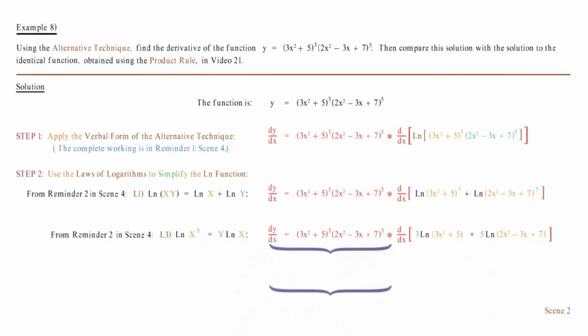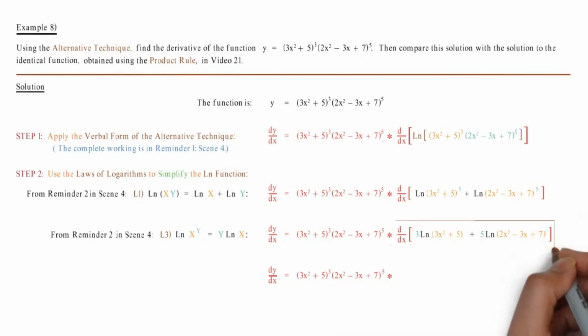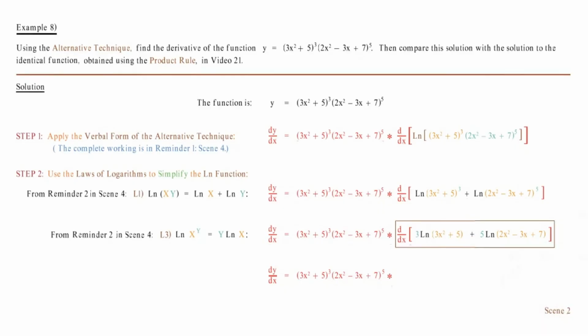Bring down. Using the distributive property, this derivative can be written as the sum of these two derivatives.